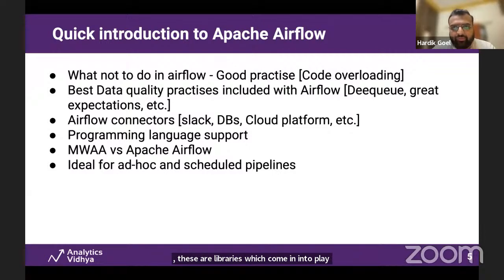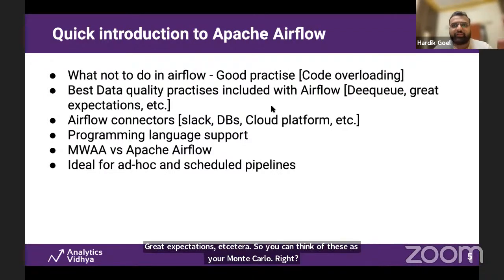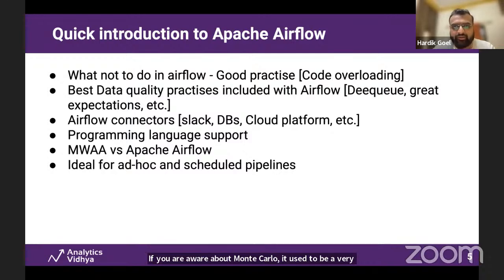And Airflow also provides the capability to get plugged in with them, right? DQ, Great Expectations, etc. You can think of these as your Monte Carlo, right? If you are aware of Monte Carlo, it used to be a very good and traditional, age-old system for keeping the quality of data in check. Okay, so that is one thing.